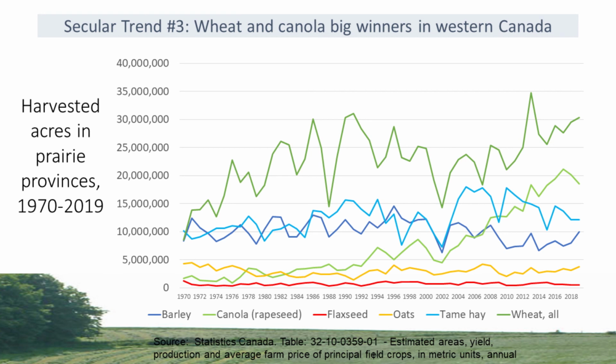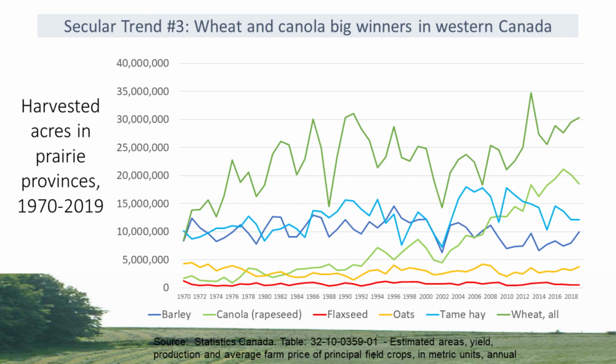So we stay in Western Canada for secular trend number 3, which is that in the prairies, wheat and canola are by far the most important field crops by acreage. I mean, nothing really comes close except tame hay, which isn't a field crop. But oats, barley, flaxseed, nothing really comes close to the acreage demanded by wheat and canola.